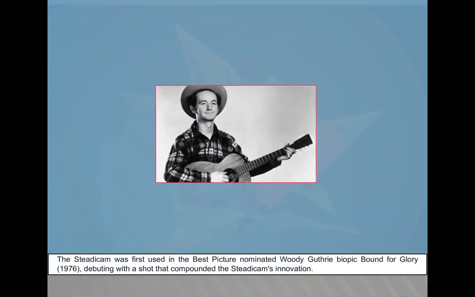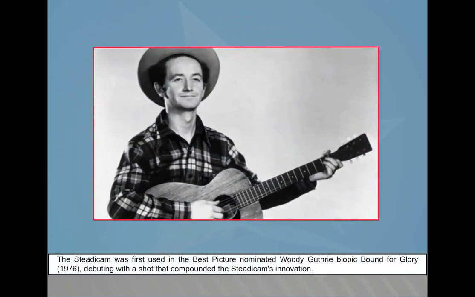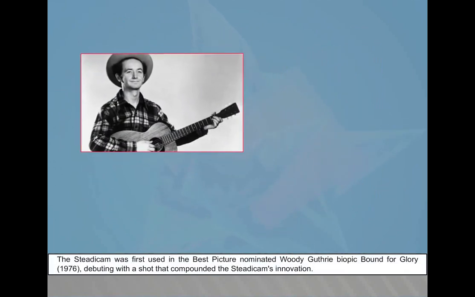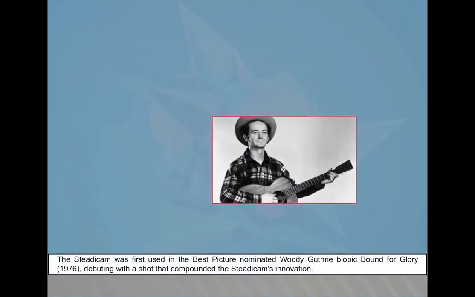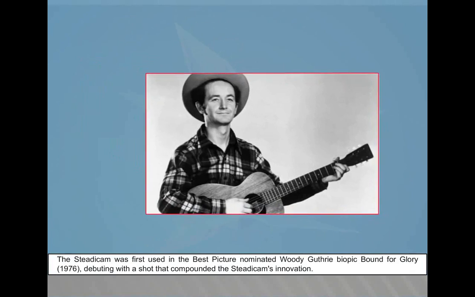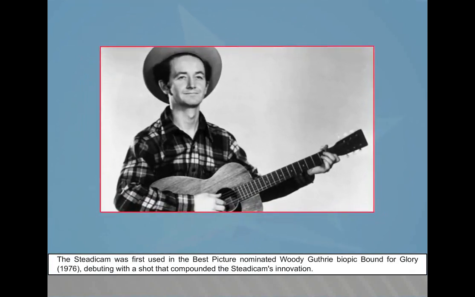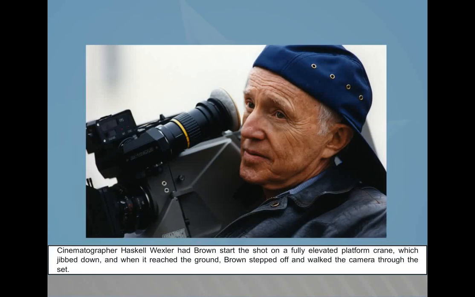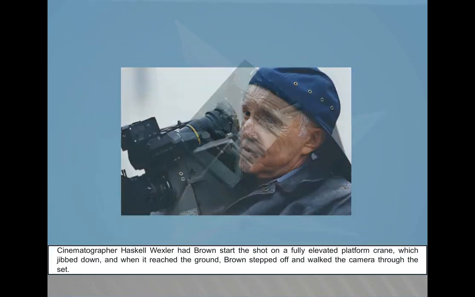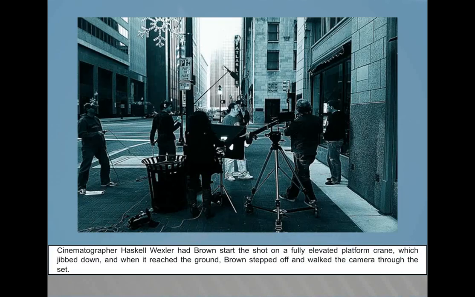The Steadicam was first used in Best Picture nominated Woody Guthrie biopic Bound for Glory, 1976, debuting with a shot that compounded the Steadicam's innovation. Cinematographer Haskell Wexler had Brown start the shot on a fully elevated platform crane which zipped down, and when it reached the ground, Brown stepped off and walked the camera through the set.